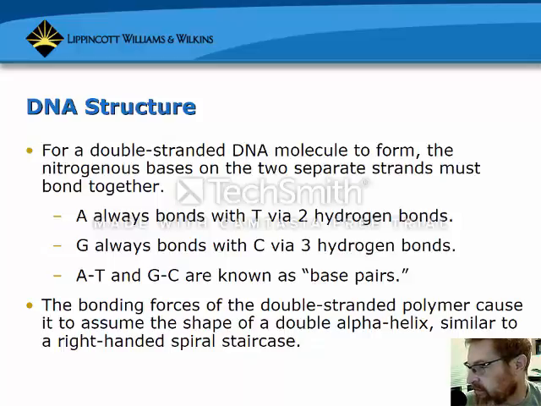Now, hydrogen bonds are quite weak, but when you start getting millions of them, it can add up. And so we can generally denature or take 2 strands of DNA apart by just adding some heat, maybe heating it up to let's say 99 degrees if it's an average of AT and CG base pairs.